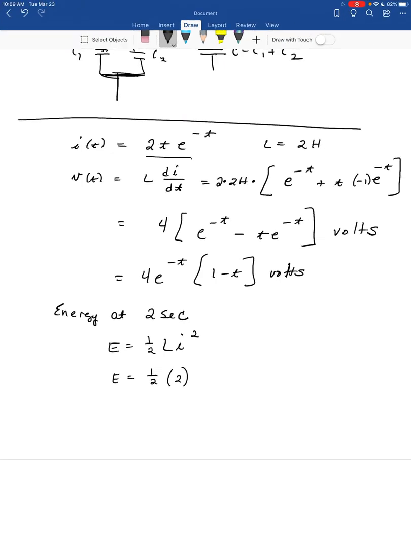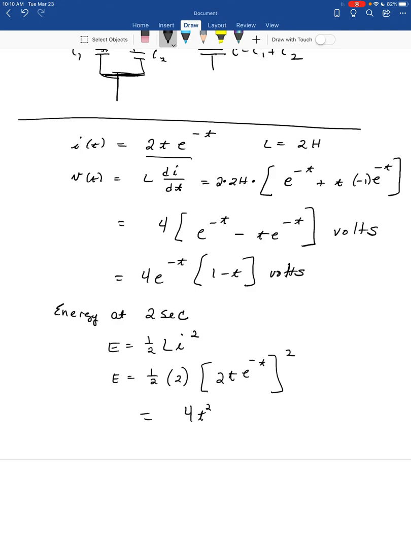So we've got 1/2 times 2. And then for my current, I want to plug in this. I'll plug in the current, t e to the minus t, and square that.